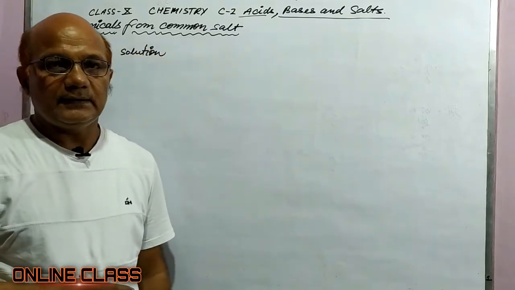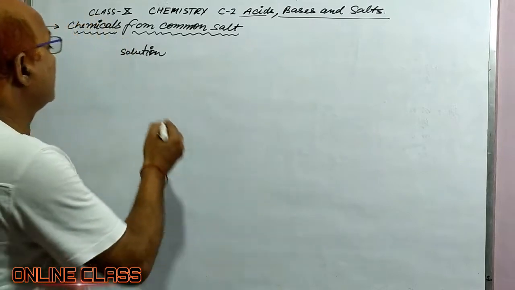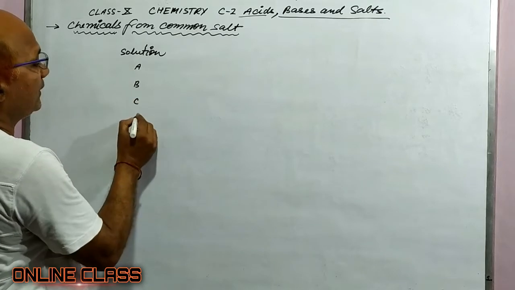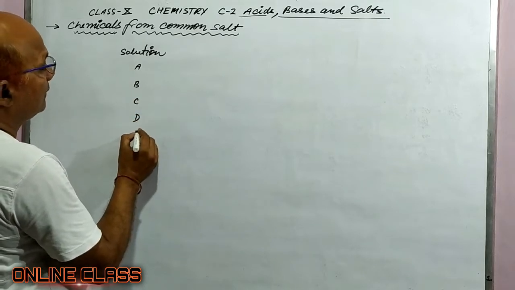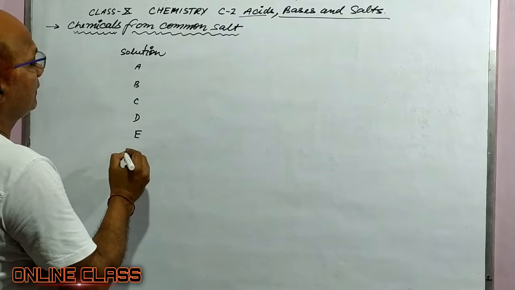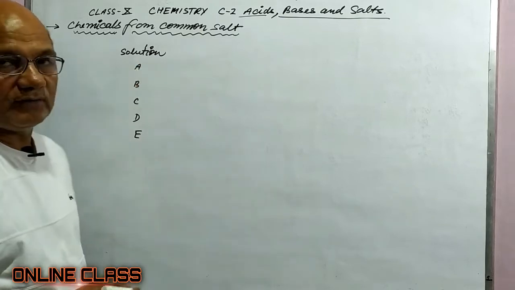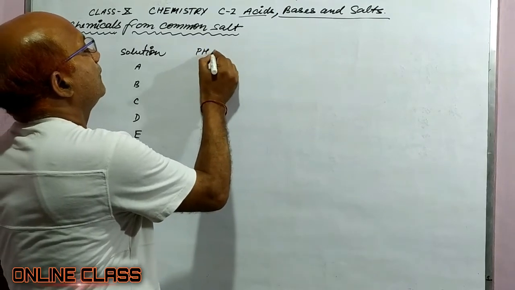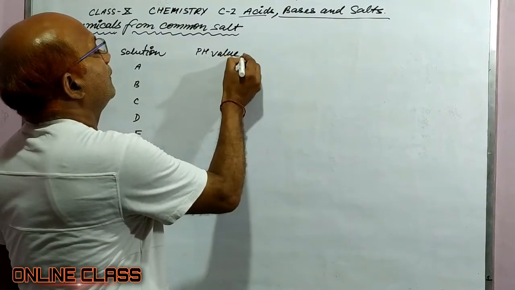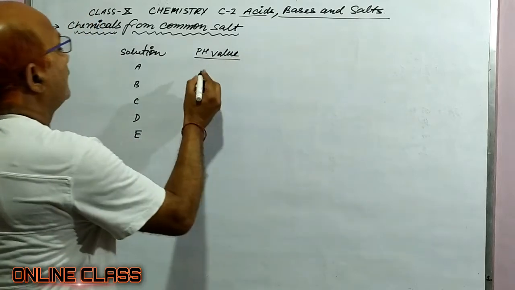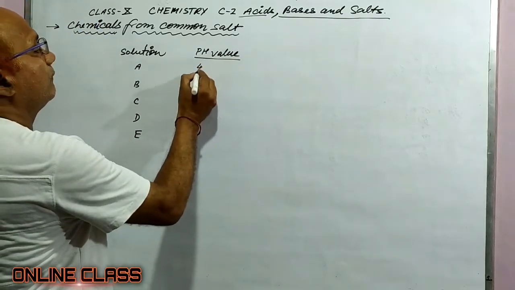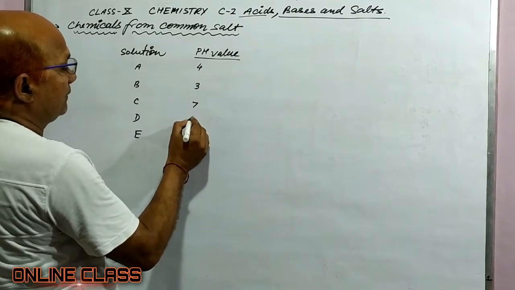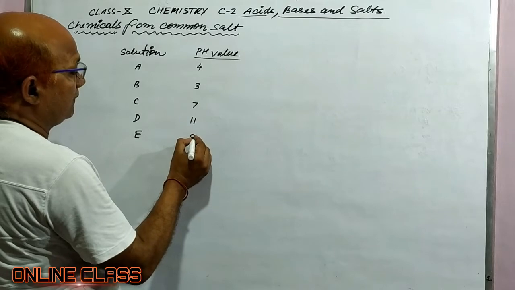Suppose there are 5 solutions A, B, C, D, E. These are the 5 solutions and their pH values are given. Four, 3, 7, 11, 9.